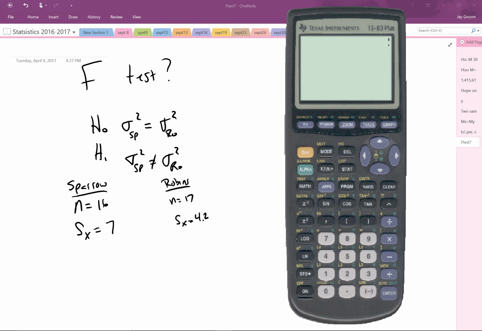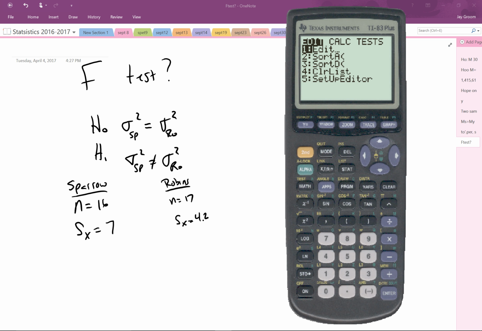The p-value will be 100% the same, but the F statistic will be different. Notice the p-value is 0.05 here, but the F is 2.77. So it's 0.0507. In this case, we just barely failed to reject because this is bigger than 0.05.